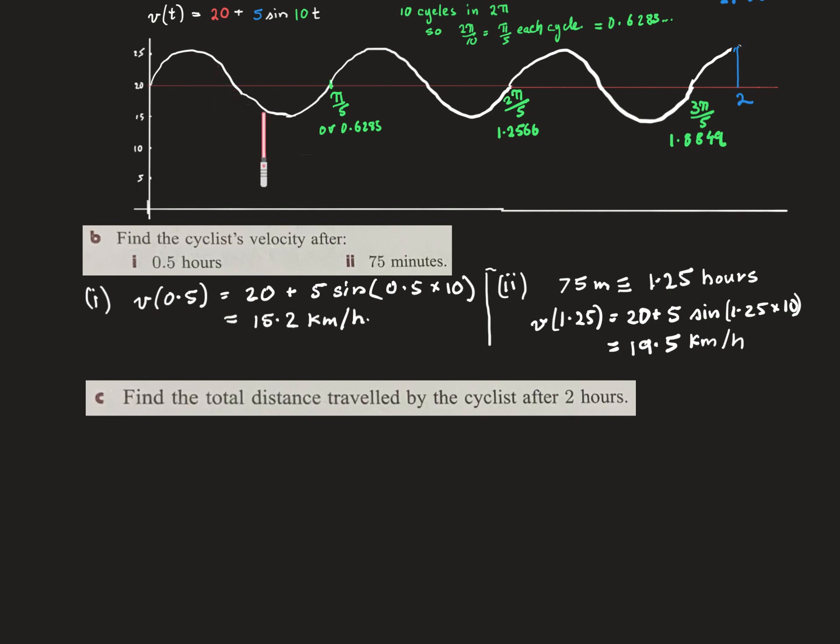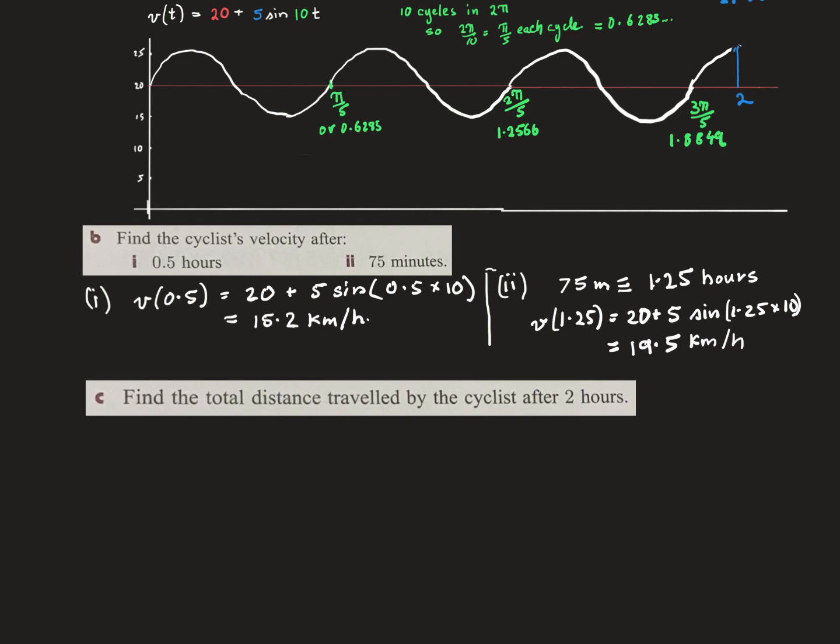Even when we go below what seems to be below the 20, whatever time we put in, it is always going to be a positive number. Positive, positive, positive, positive. So what we're saying is that the velocity is always positive.